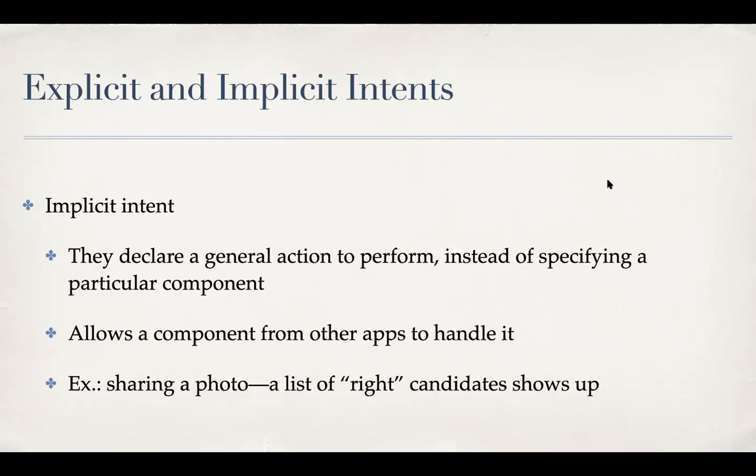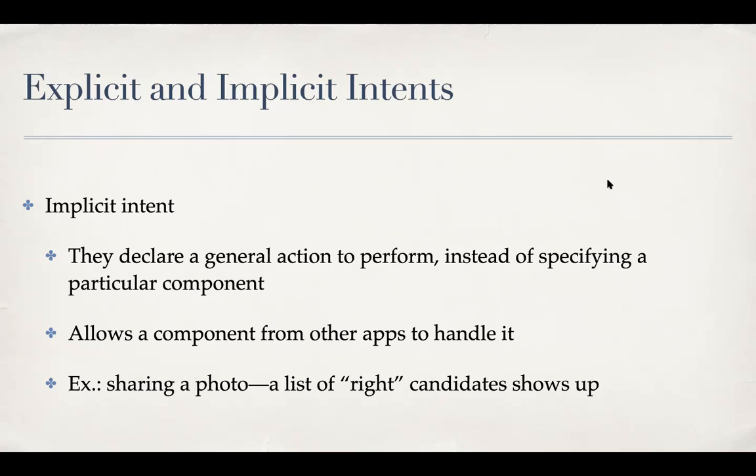Okay, and then it will let you choose from those. So that's the idea here. Now, declaring an intent filter, like we saw 2 slides back, allows that component to handle implicit intents. On the other hand, if you don't declare an intent filter, it basically means you can invoke that component only through an explicit intent. So that is the dichotomy.